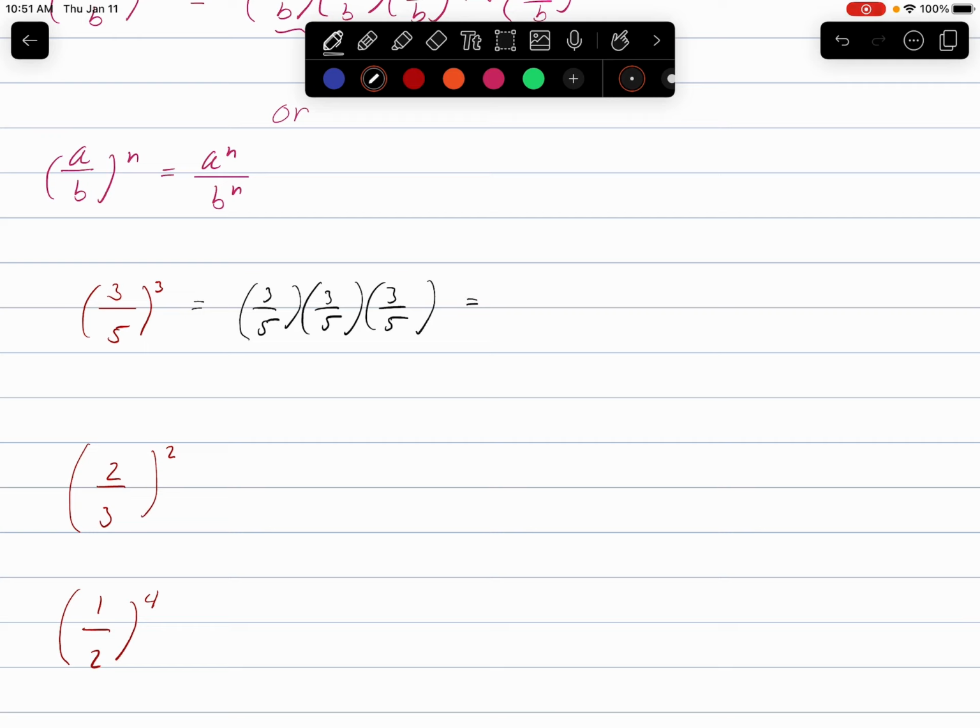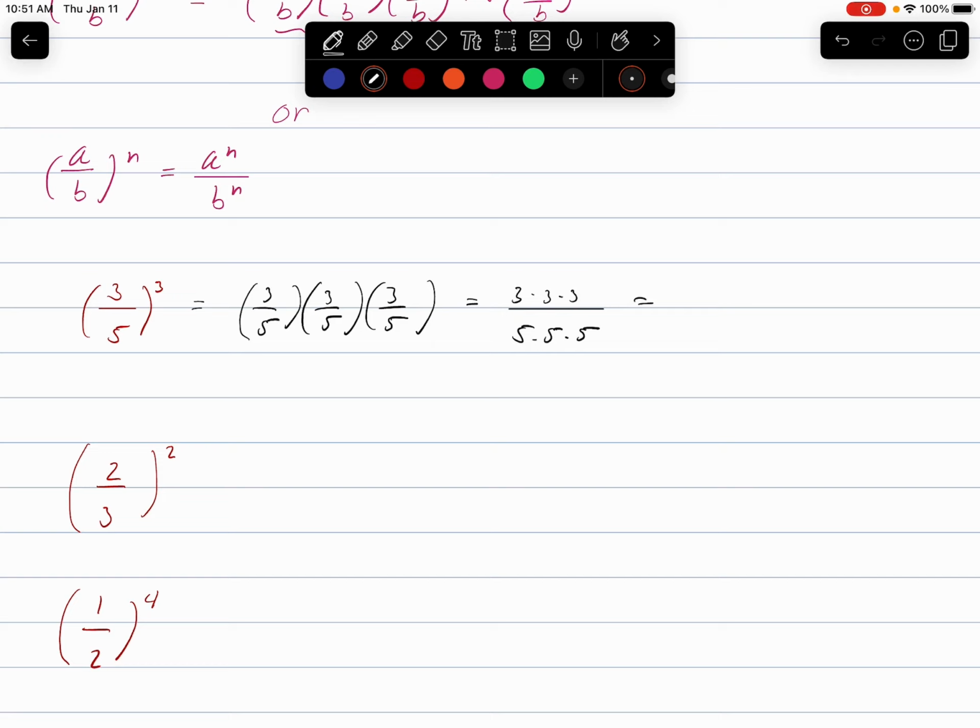Remember, if we're doing fractions and multiplication, we just multiply the numerators, the numbers on top, and we multiply the denominators. So we have 3 times 3 times 3 over 5 times 5 times 5.